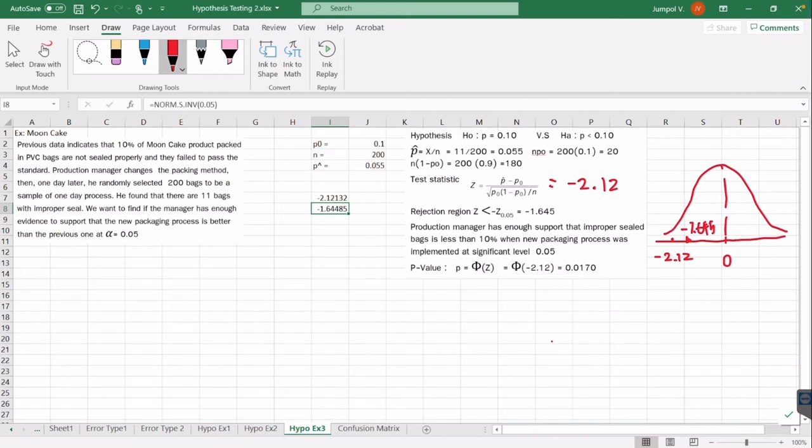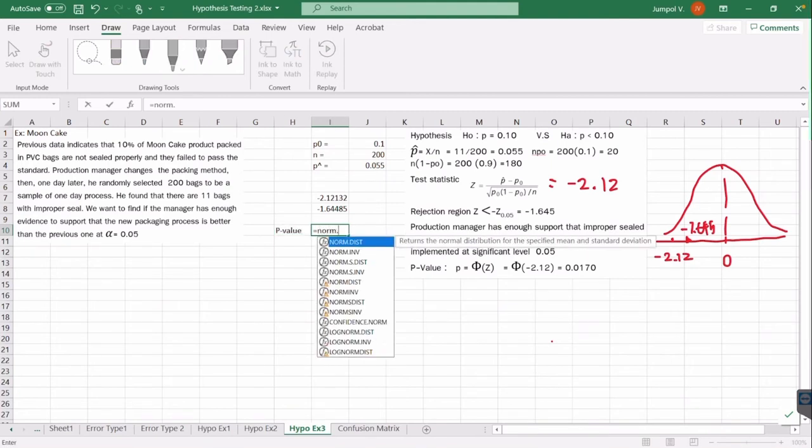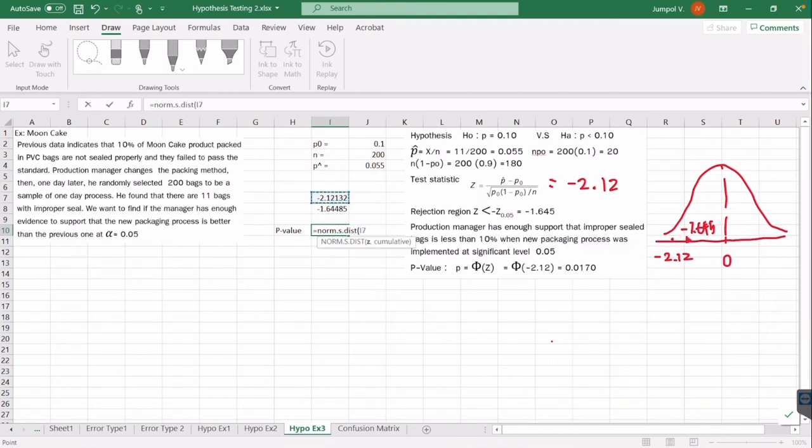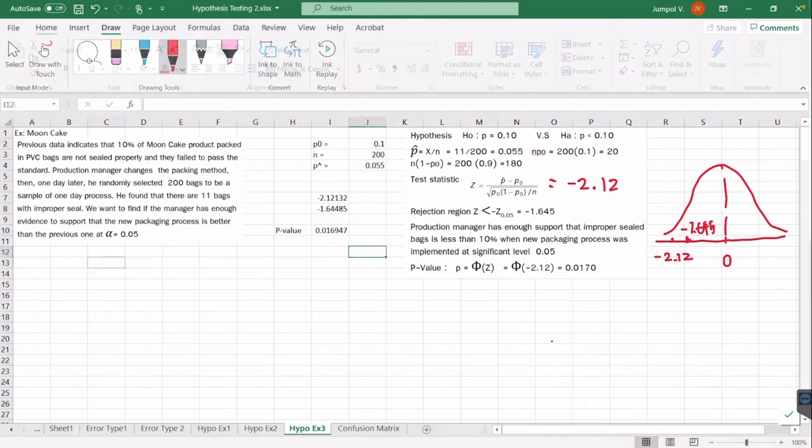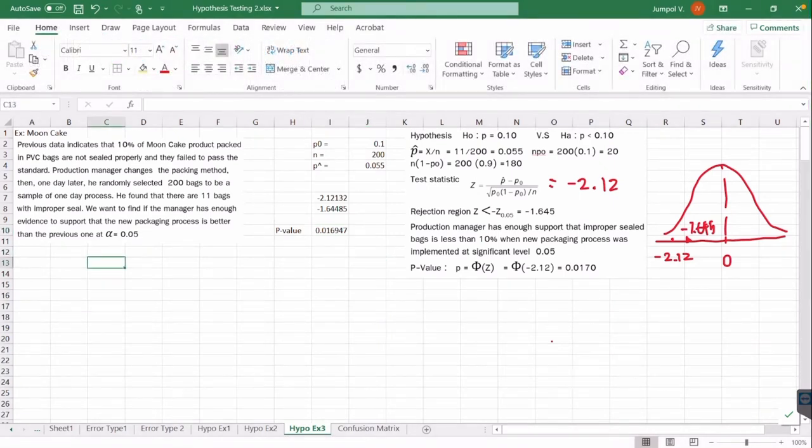And the p-value is NORM.S.DIST, where z is minus 2.12, cumulative true. So it is about 0.017 here. You can use Data Analysis in Excel for this problem too, with a trick like this.